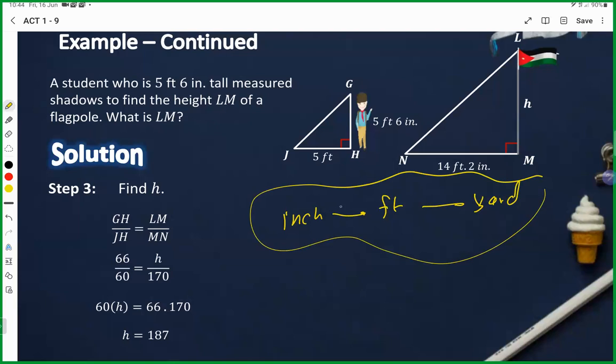From inch to feet, you divide by 12, and from feet to inch, you need to multiply by 12. Remember this, because it came before in the previous April session. The question asks about triangles and you need to give your answer in inches, which is why it's really important to remember how to convert.